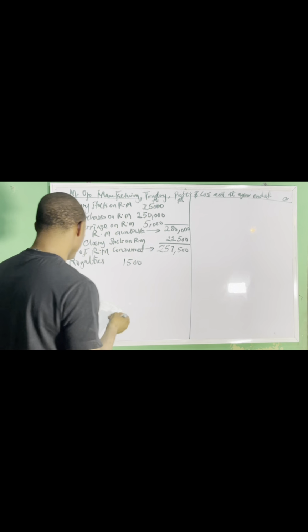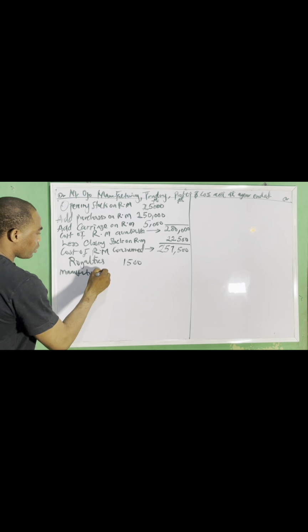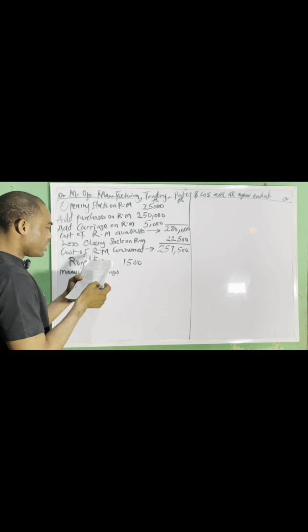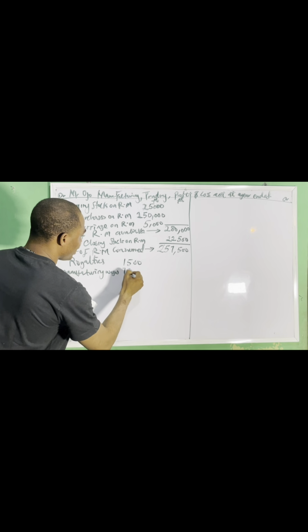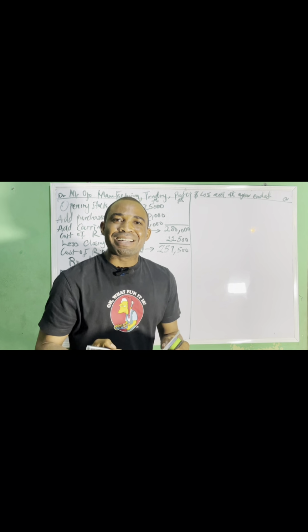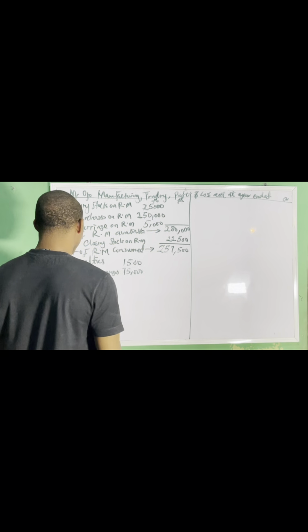They mean the same thing, but the one we have here is manufacturing wages. The value of manufacturing wages here is 75,000. That is the wages given to the operators or people that are directly working in the production process.